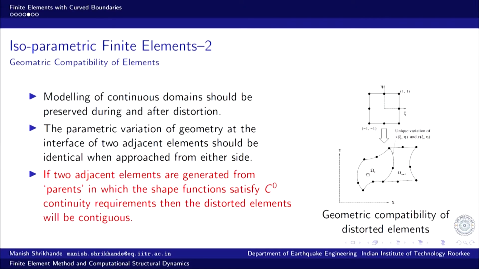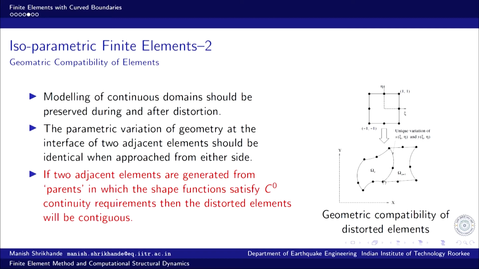So, again taking the example of the 8 node serendipity element, element omega e is distorted into this shape, and this particular common boundary between element e and e plus 1 has 3 nodes shared between the 2 elements and the variation is quadratic along this edge, because this is defined by quadratic variation in eta, because this edge corresponds to xi is equal to 1 for this element, and similarly for the other element this edge corresponds to xi is equal to minus 1.